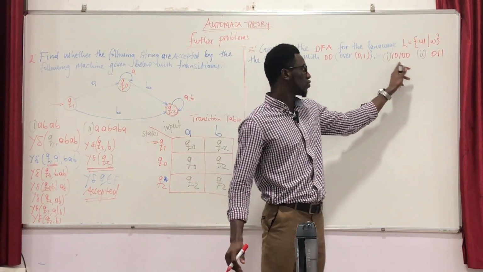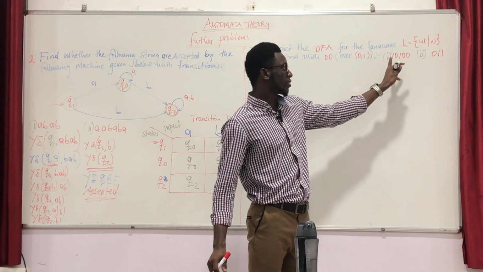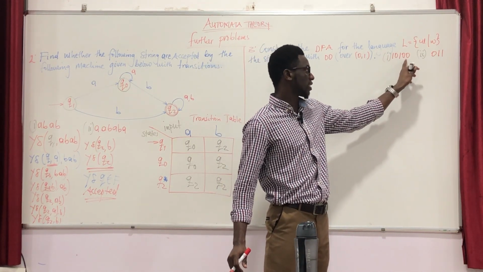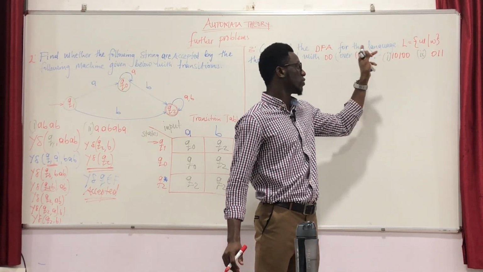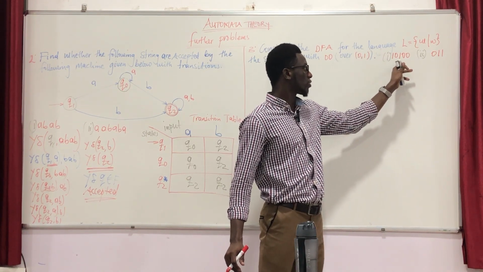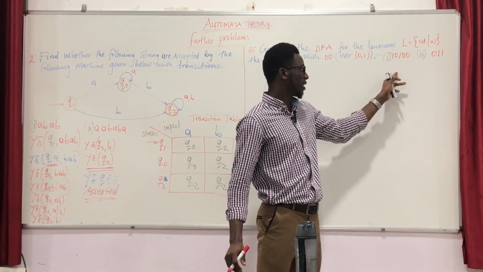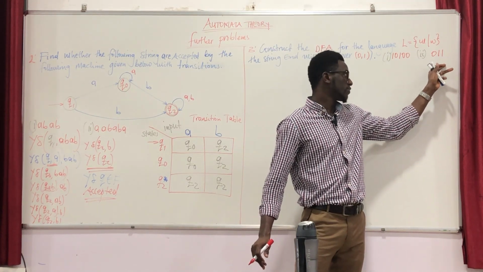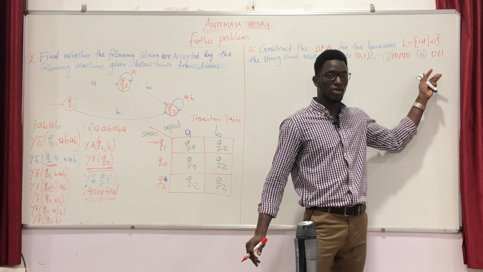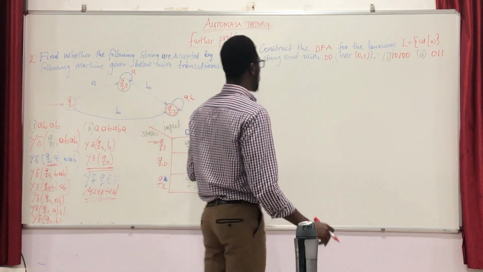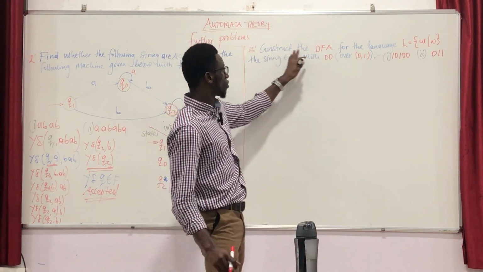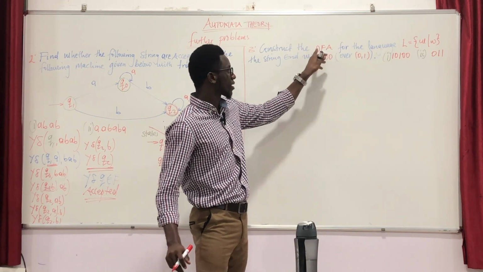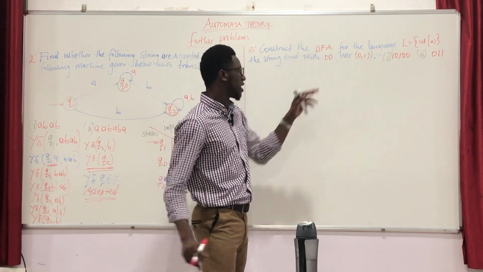Now we have two problems on the board. When we solve this problem, this one must be accepted by the machine and this one is supposed to be rejected. But if this is accepted, it means we are wrong.